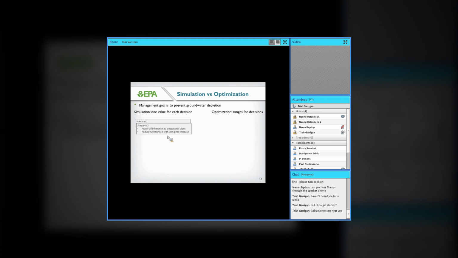So let me try this other combination of two things. Let me try to reduce withdrawals and infiltrate stormwater. And now I see that's almost enough, but let me try the other combination. And then I see now I'm getting there, but I'm not quite sure if that's most cost effective yet. So I'm going to run the all three options that were too much, but not run them all at maximum.